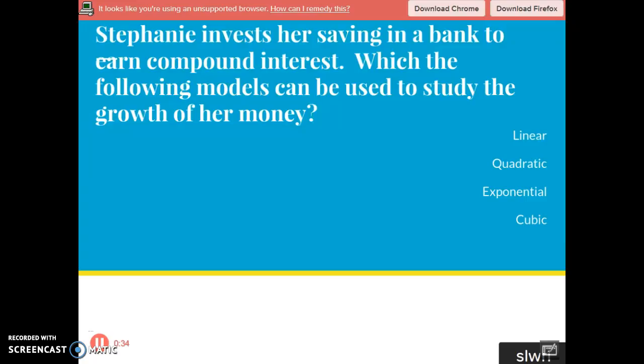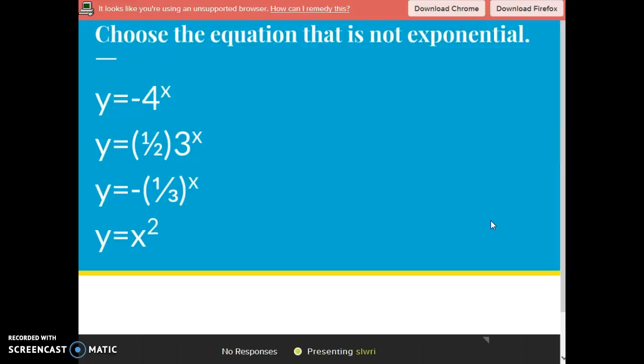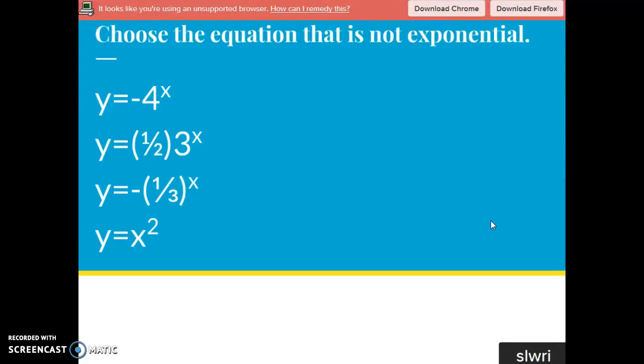Question 2. We're going to choose the equation that is not exponential. Again, an exponential equation looks like y equals a times b to the x power. The x here makes it exponential.